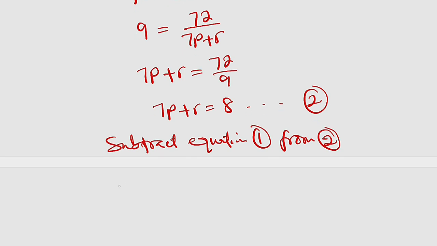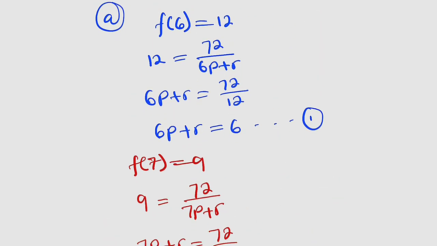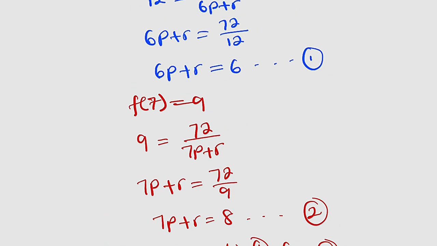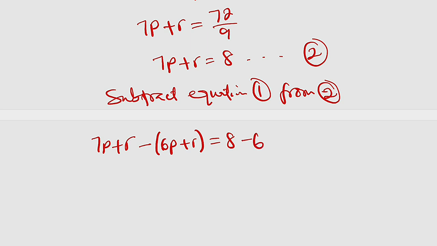So you can see that equation number 2 is 7p plus r minus the left hand side of equation 1, which is 6p plus r. The right hand side here is 8, and the other equation we have 6, right? So you can see that 7p minus 6p will give us a p, and r minus r will give us 0. So the other side we have 8 minus 6 is 2. So p is equal to 2.